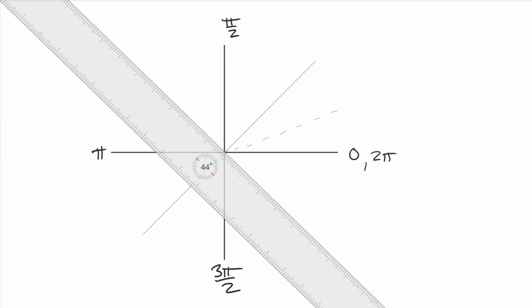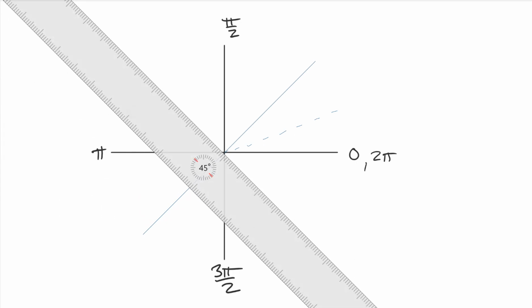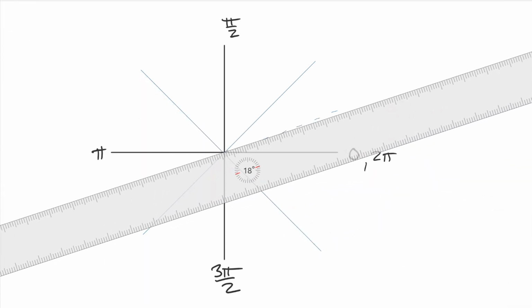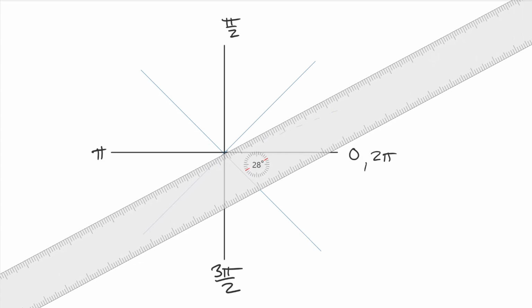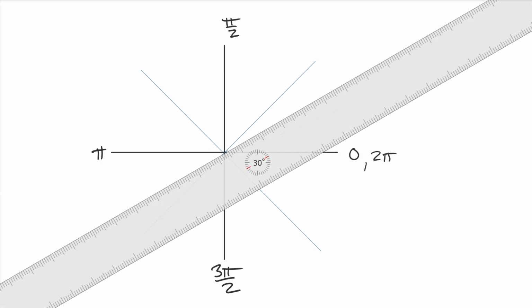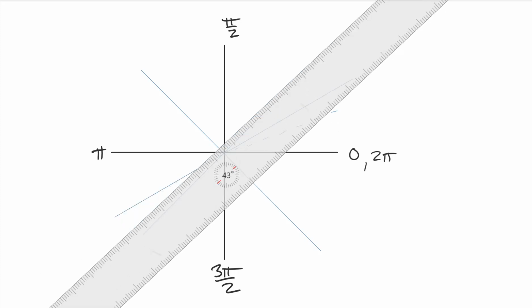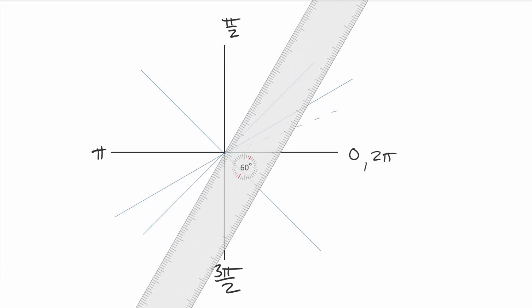A 45. A 30. Well, my 30 was way off. I guess I wasn't even close, huh? You draw it all the way through. You got your 60. Are we seeing how these angles are working?